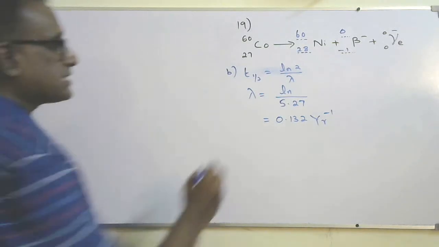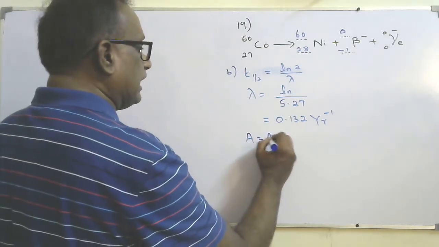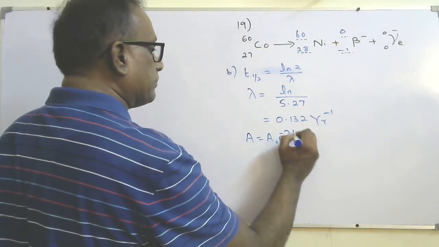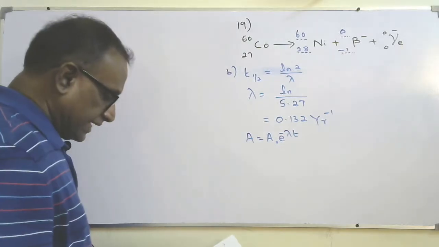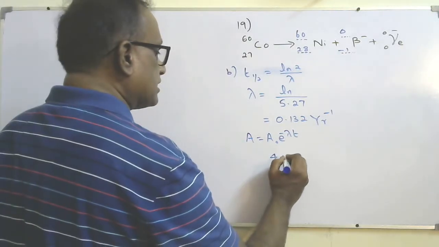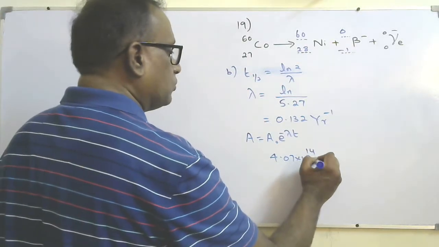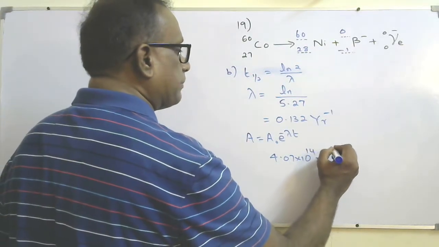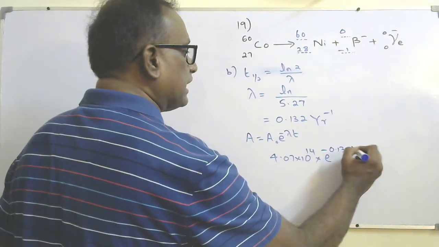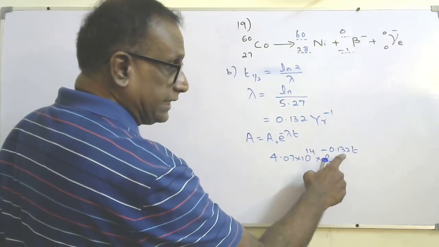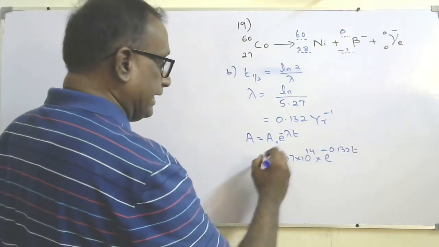So then activity is dropping. So A equals A naught e to the power minus lambda t. So initial activity is given, 4.07 × 10^14 Bq into e to the power minus 0.132 t. So I'm keeping this in per year, so time will be in years.